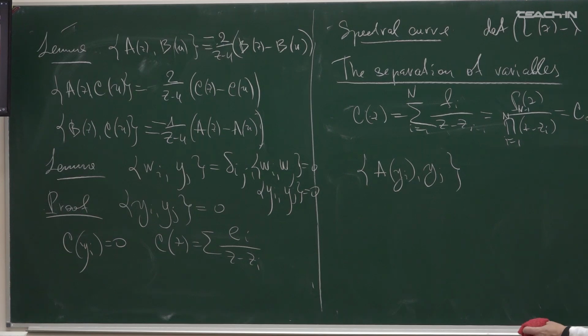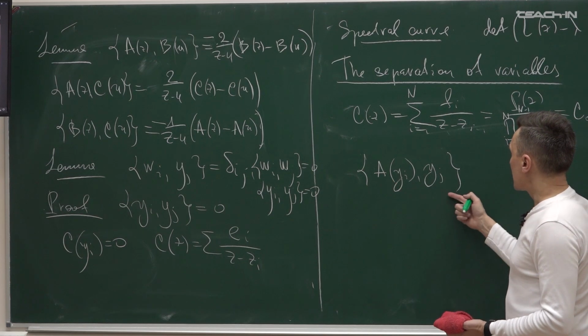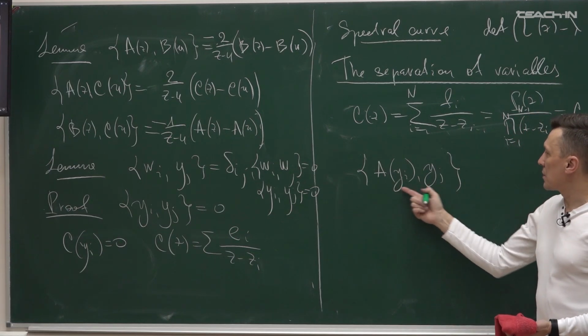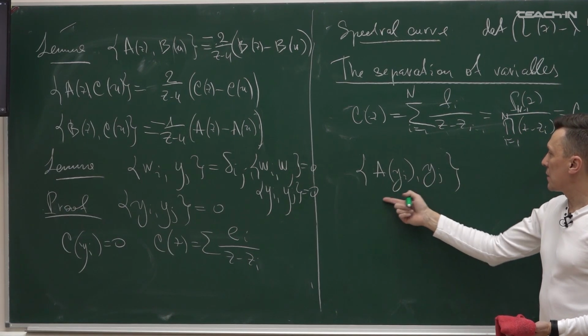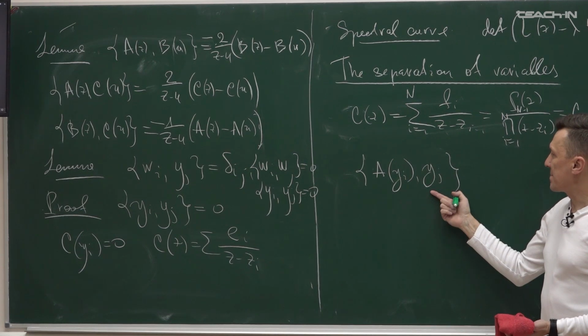Next one is this. So how to calculate such a bracket?